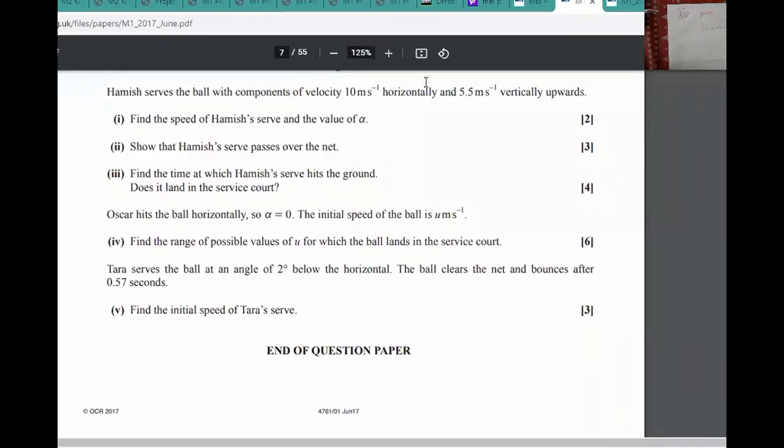The next part is about Tara now, and Tara is the top player. She serves the ball at 2 degrees below the horizontal, and the ball clears the net. So that means the ball cleared the 0.995 meters distance when the horizontal is 12.5 meters, and bounces after 0.5657 seconds.